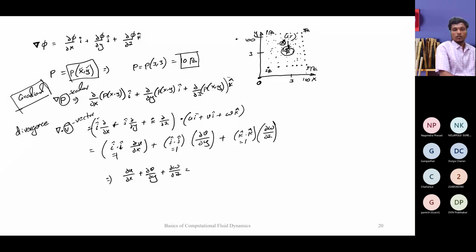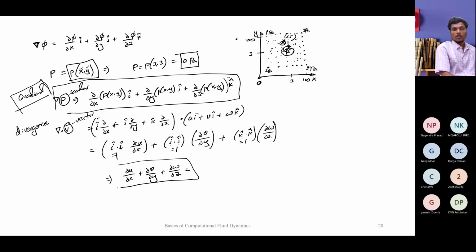What you get? We did not get any kind of vector as we saw previously. There we got a vector. Here we are getting a scalar because there are no I, J, K components. We are getting a numerical value without any vector direction.